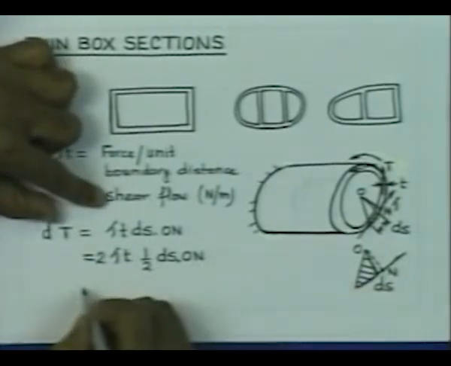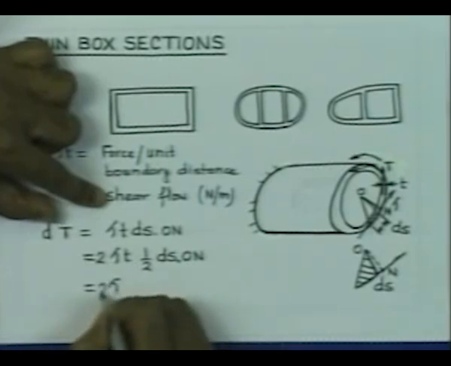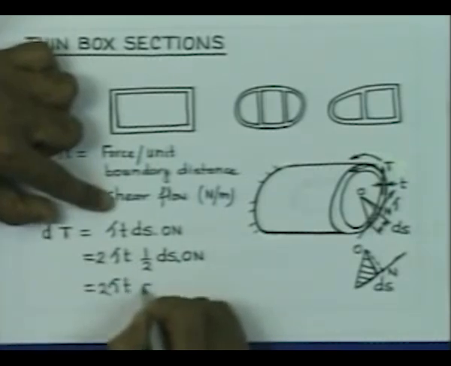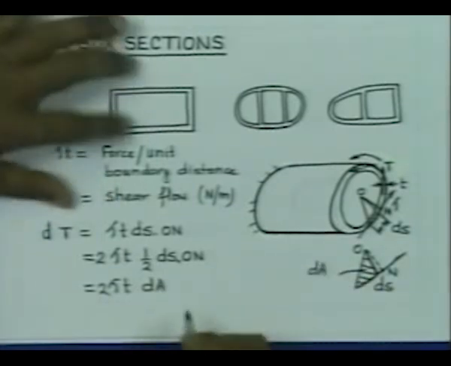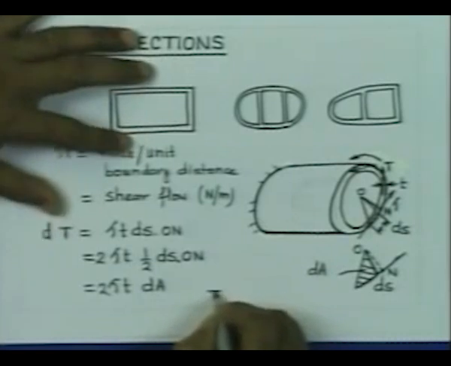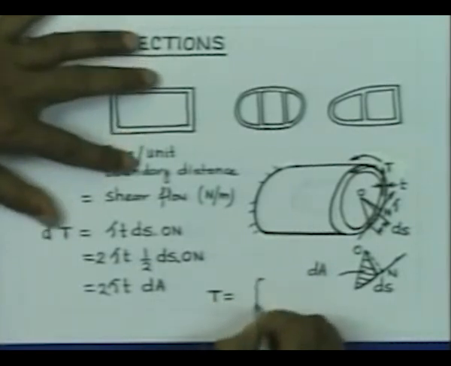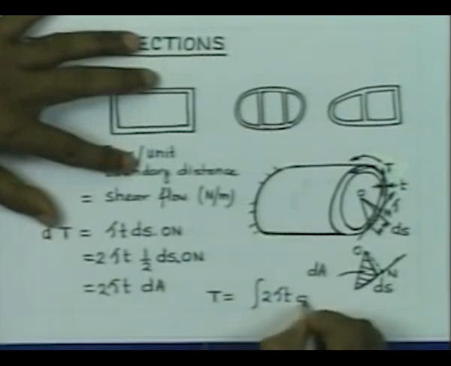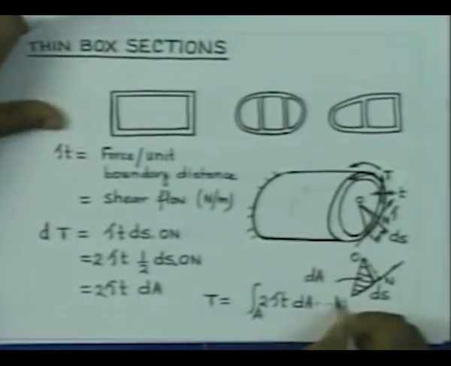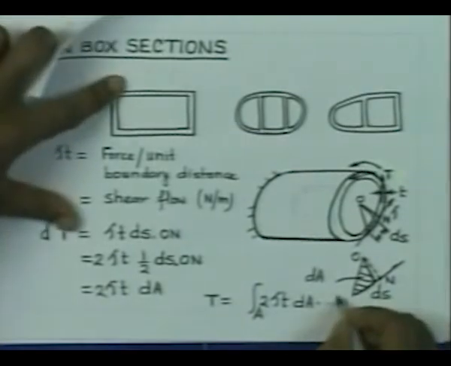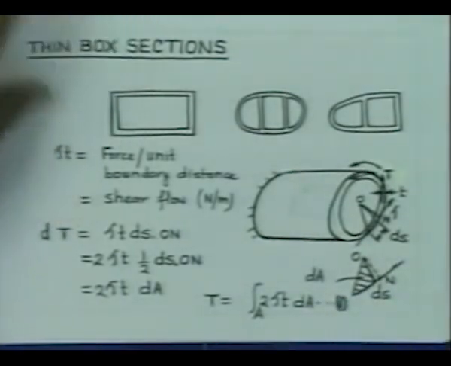So, we can write this as dA, twice tau into t into dA. So, the total torque T is equal to the integration of 2 tau t dA over this area. Let us consider this is equation number 1.